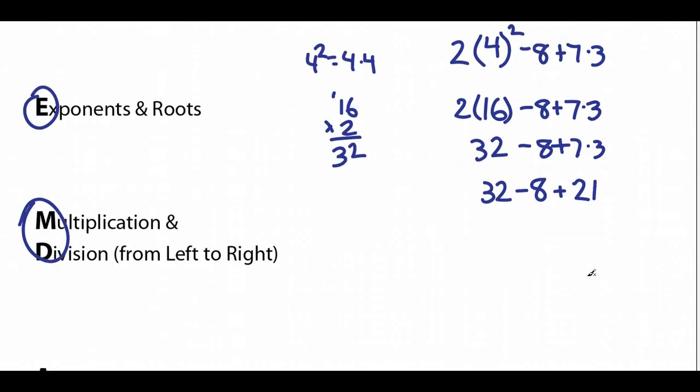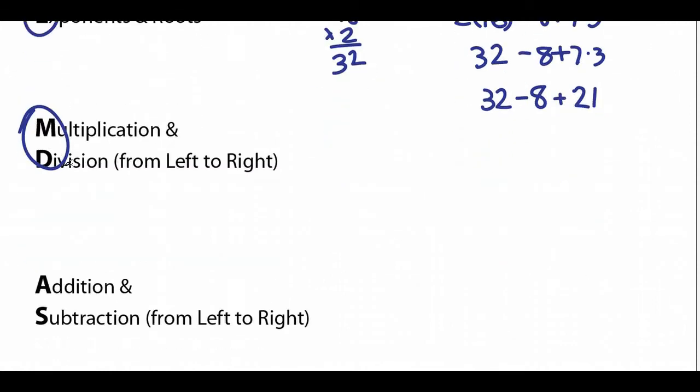All right, now we are complete. We have completed the multiplication and division. So now let's come to our addition subtraction from left to right. So even though we say addition first, since we're moving from left to right, we're actually going to do this subtraction first. So we come here and we say 32 minus 8. We have to borrow here, which becomes 2. This becomes 12. 12 minus 8 is 4.